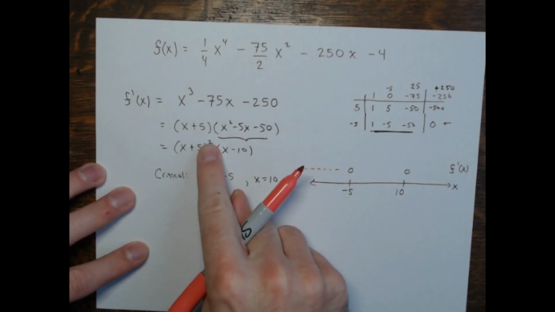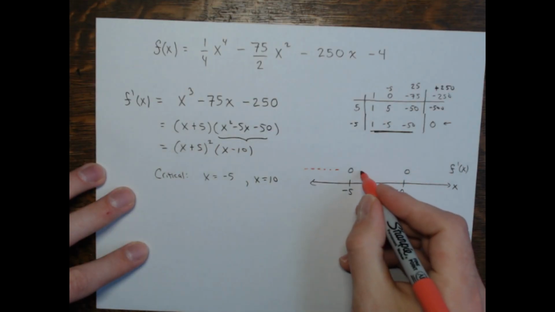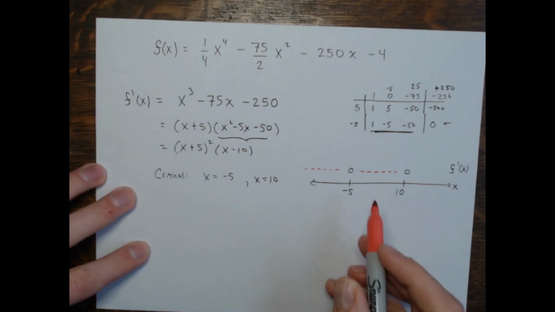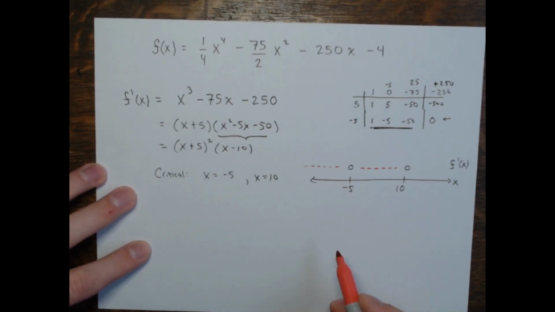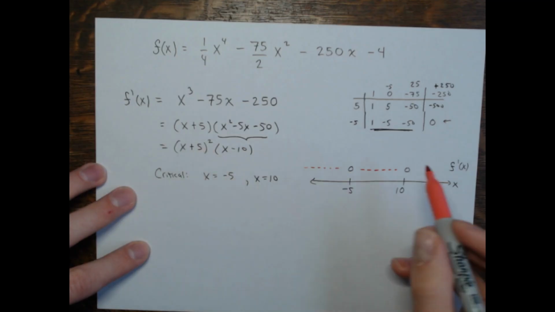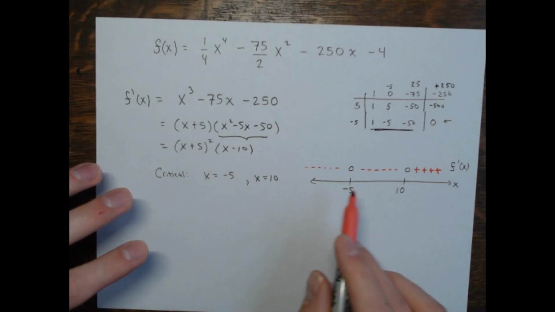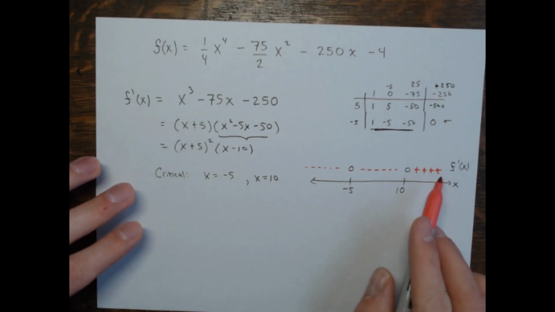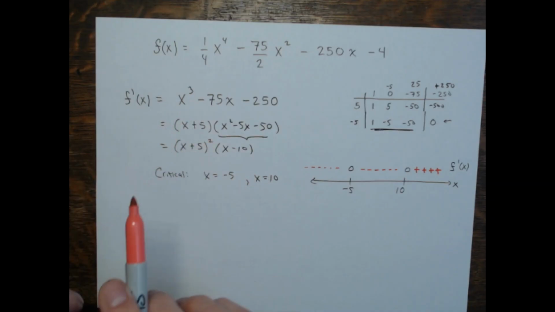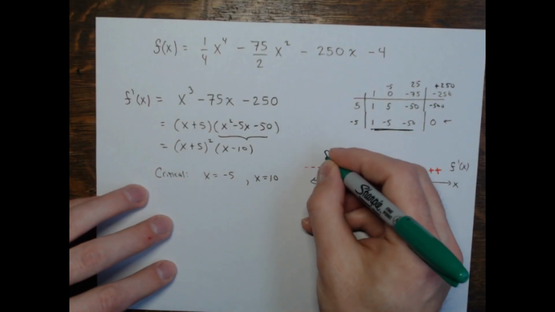Then negative 5 has a multiplicity of 2, so it's going to stay negative to the right of that. And it's not going to change sign at negative 5 with the even multiplicity. But then it will change sign at 10 with the odd multiplicity. And again, should have positive values to the far right if it's got an odd degree positive coefficient. So there is where the function will be decreasing, right?